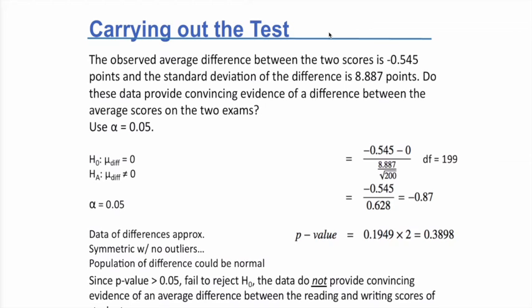Okay, so fail to reject the null. Data do not provide convincing evidence of an average difference between the reading and writing scores of students.